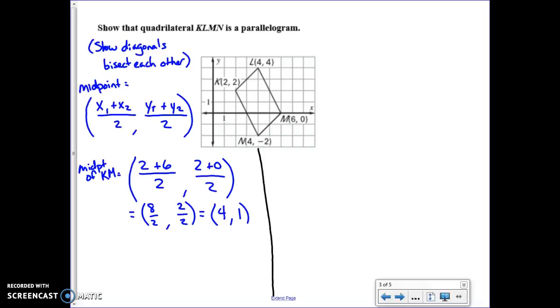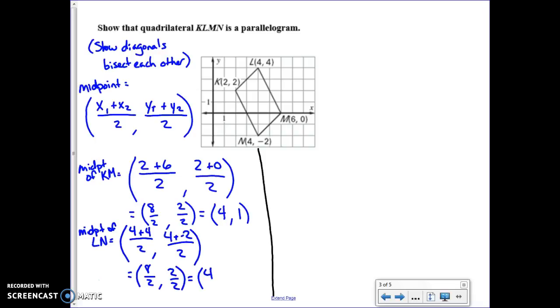Let's see if the same thing happens on the midpoint of LN. So my x values are 4 plus 4, and my y values are 4 plus negative 2. So 4 plus 4 is 8, and then 4 plus negative 2 is 2.